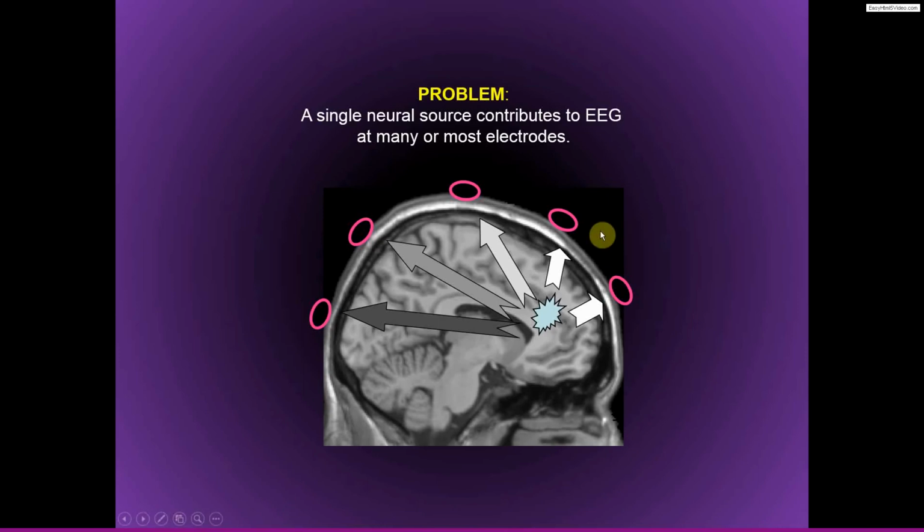This is because if you're measuring the connectivity between these two electrodes without applying any kind of spatial filter, or without any special connectivity analysis that accounts for volume conduction, you're going to see an extremely high estimate of connectivity between these two electrodes. A lot of this is going to be an artifact, attributable just to the fact that these two electrodes are measuring the same activity from exactly the same source. So this is problematic.